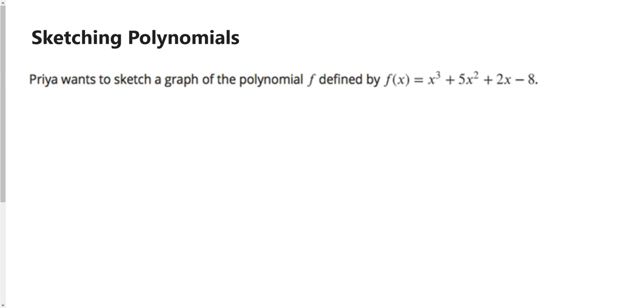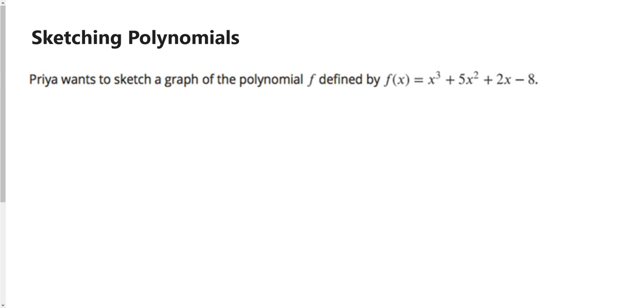Okay, let's take a look at another example. Priya wants to sketch a graph of the polynomial f defined by x to the third plus 5x squared plus 2x minus 8. Now here's the thing. Unlike the last bunch of units, when we were sketching graphs, we were sketching them based on factored form.